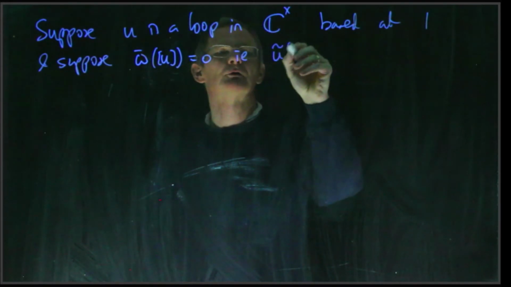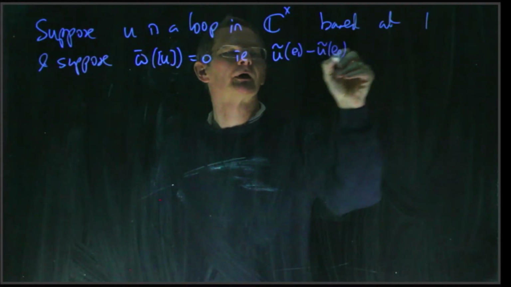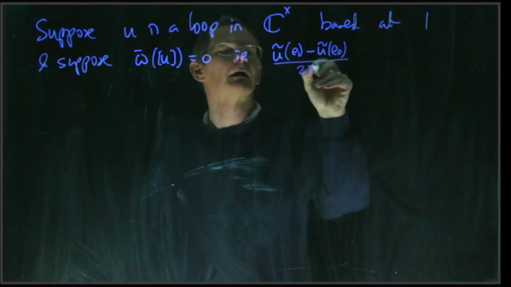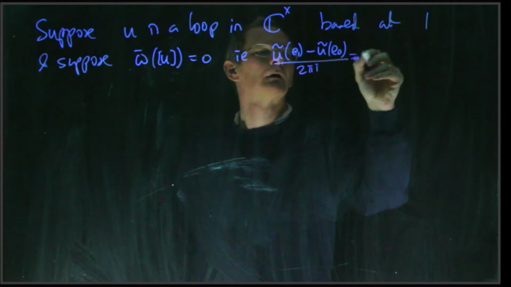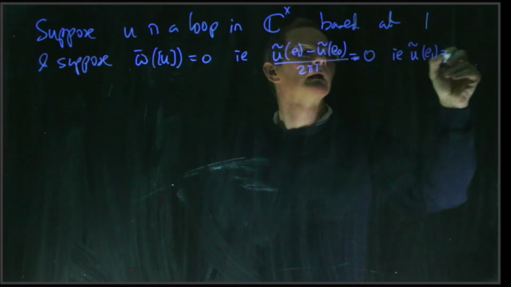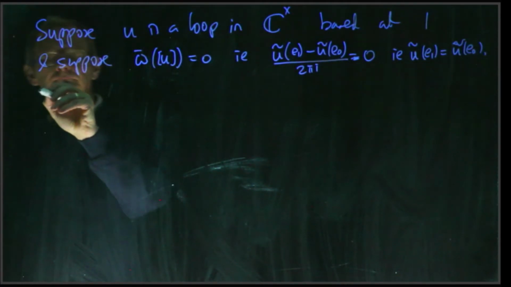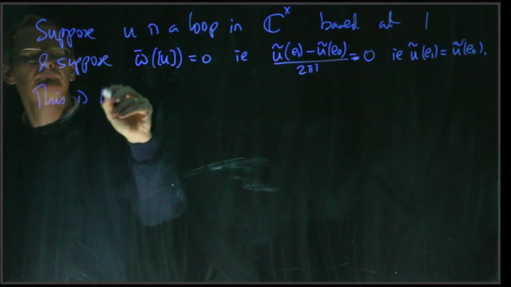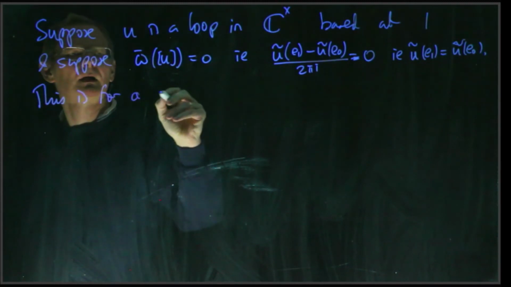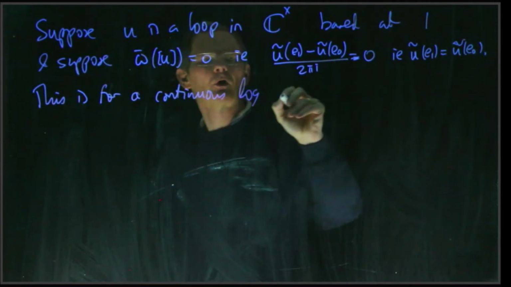That means u tilde of e1 minus u tilde of e0, over 2 pi i, is 0. In other words, u tilde of e1 equals u tilde of e0. So this is a continuous log, u tilde, of u.